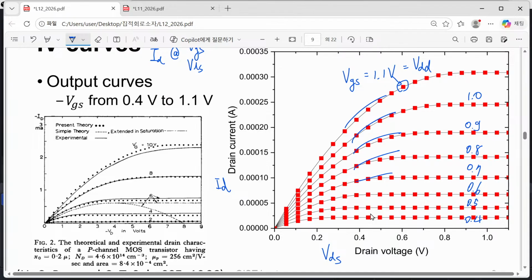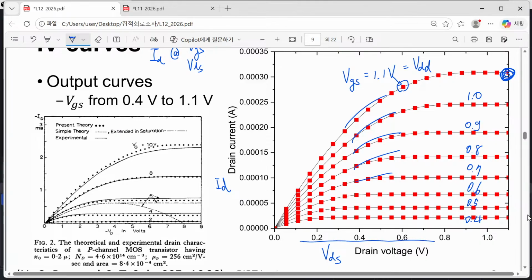For example, if we apply 0.4 to our gate terminal, then the amount of current is much lower than the on current. Where can you find this on current in your output characteristic? Please pick the point. This is the point for your on current. Why? On current is obtained when you apply VDD to both your gate terminal and drain terminal.